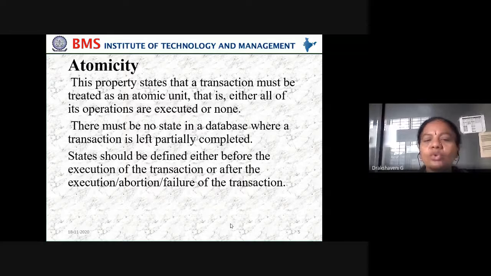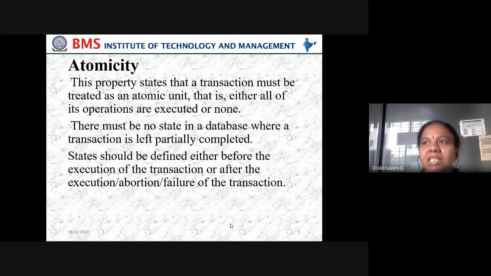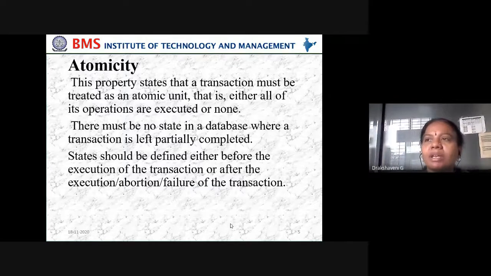There must be no state in the database where a transaction is left partially completed. You people tell us in your lab, madam, my program is executed partially. That is okay with respect to your lab, but we cannot consider that for your final exam. Either you have to completely execute or don't execute. The same applies to transactions also.